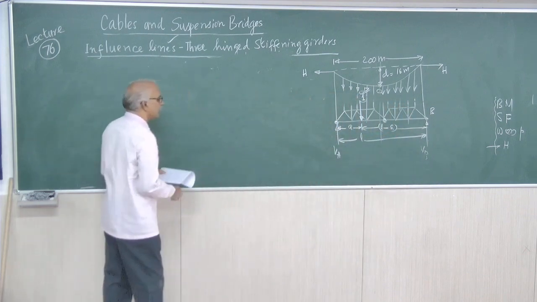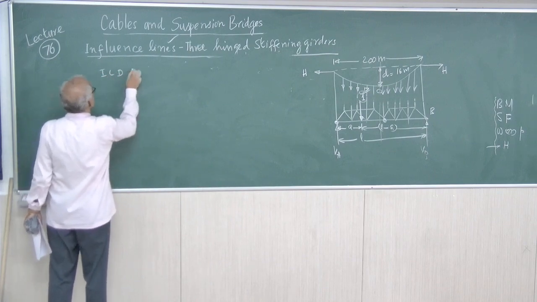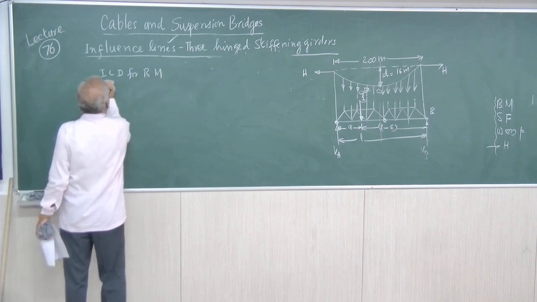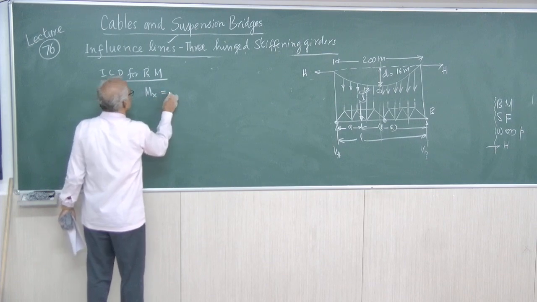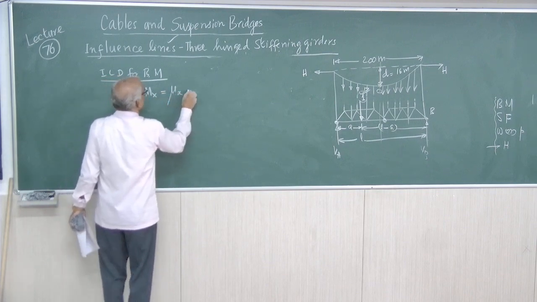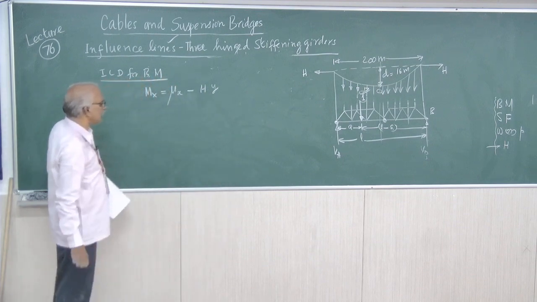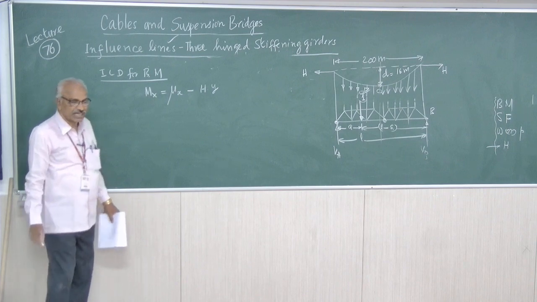Next is the ILD for bending moment. We know the bending moment at any section is given by Mu x minus H into y. Mu x minus H into y. Now Mu x is the bending moment as a simply supported beam.